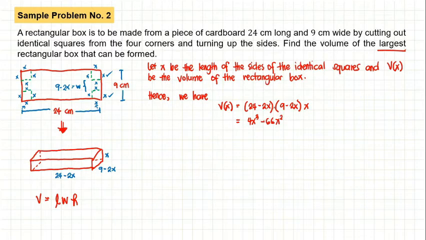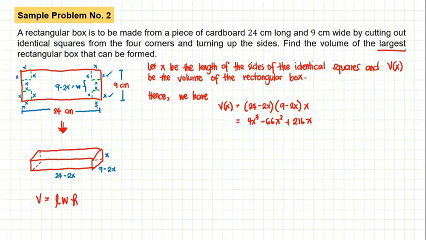And 24 times 9 is 216, so that will be positive 216x. So there. Since we already have our objective function, we now proceed to our next step.